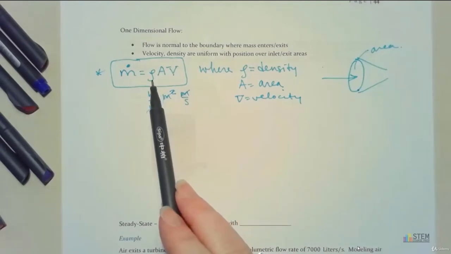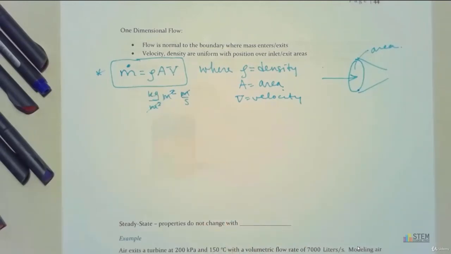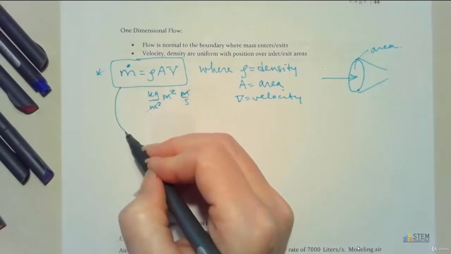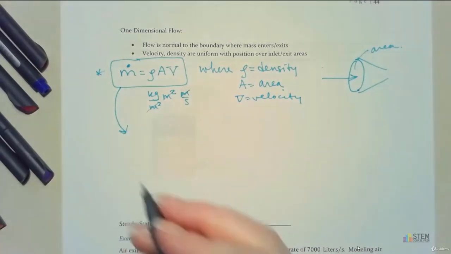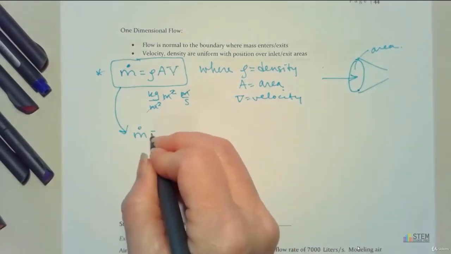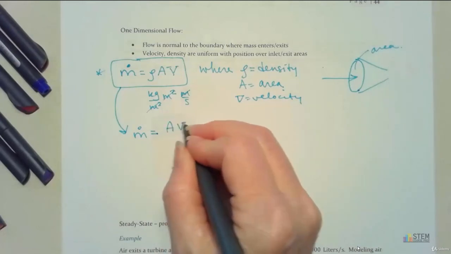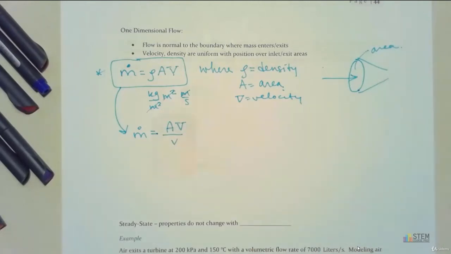Now this equation has density. As we have seen before, we don't use density all of the time. A lot of the time we use specific volume. So we can come down here and rewrite this equation. And we can say m dot is equal to A V over little v.